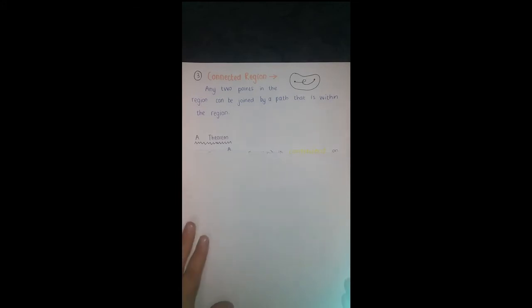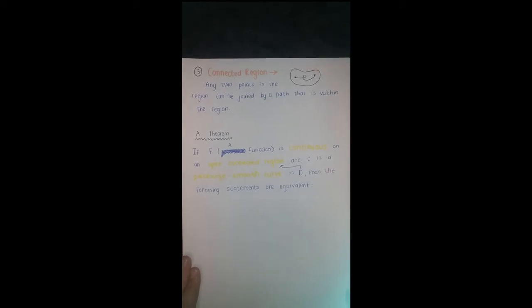Another theorem states that if f, which is a function, is continuous on an open connected region, and C is a piecewise smooth curve in D, which is the open connected region, then the following statements are equivalent.